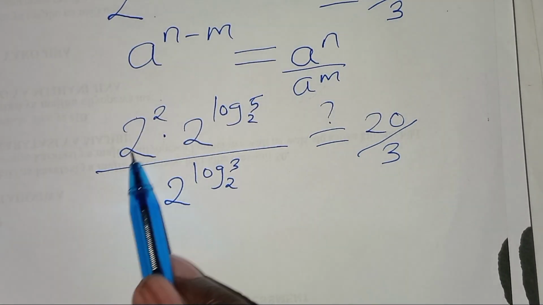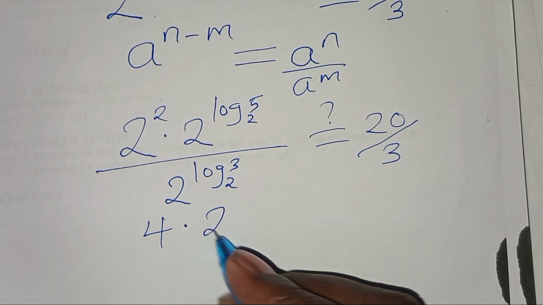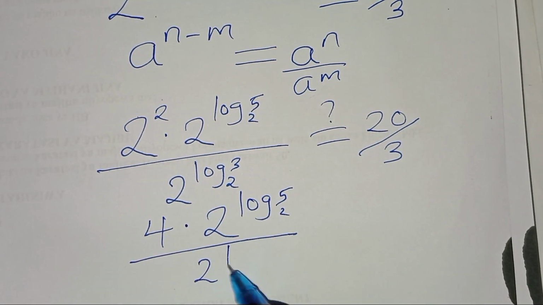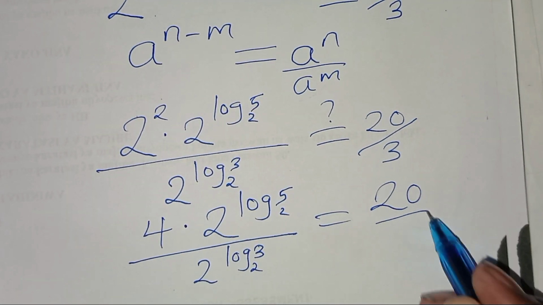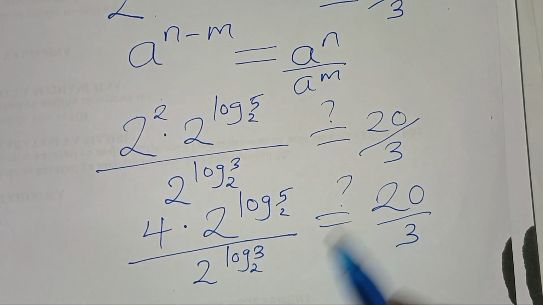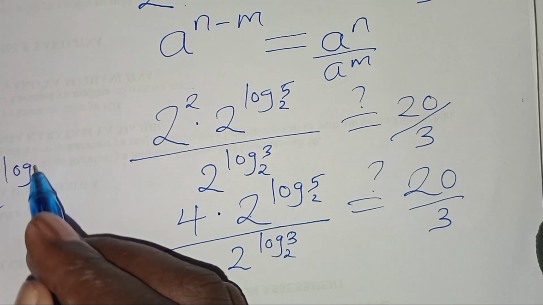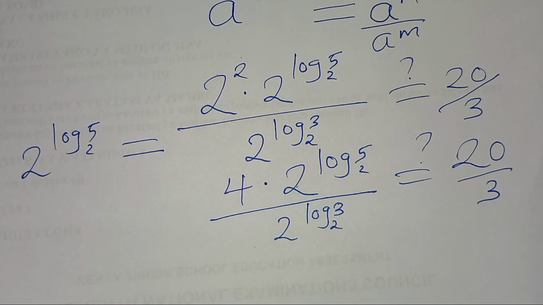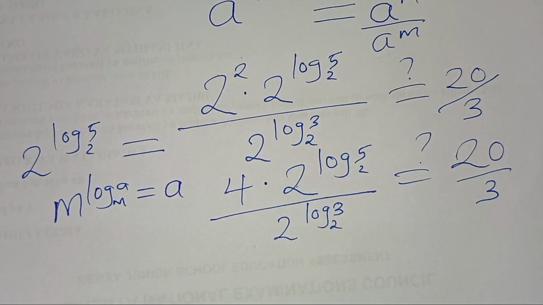Now you find that here 2 to the power 2 is equal to 4, multiplied by 2 to the power log 5 to base 2 divided by 2 to the power log 3 to base 2. This should give us a value of 20 divided by 3. So let's check if this is true. Now 2 to the power log 5 to base 2 is actually in the form of m to the power log a to base m, which is equal to a.